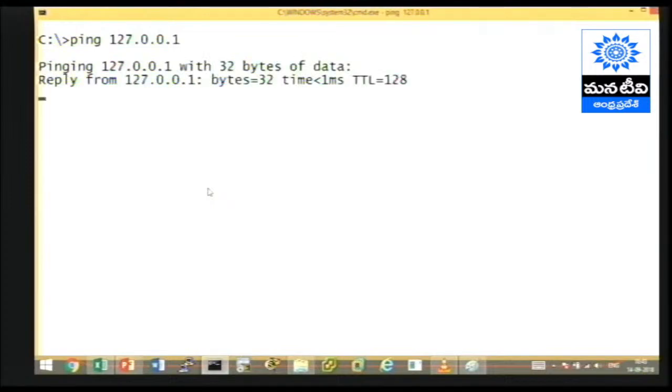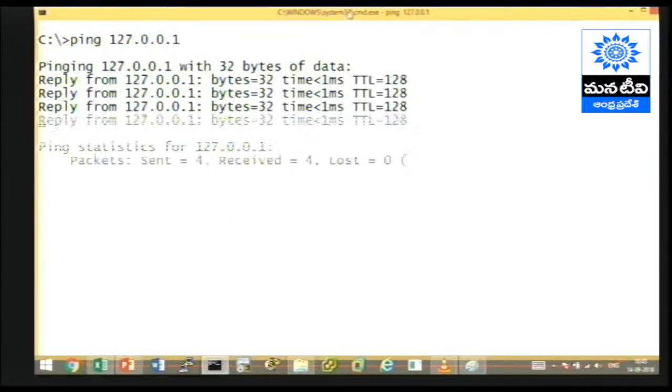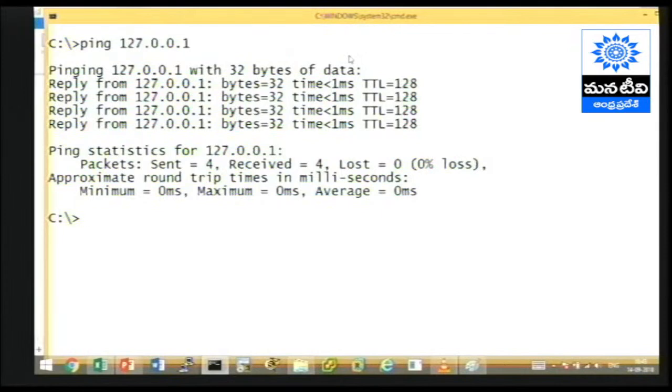This is the IP address that we have set aside, and we have got a reply from the same IP address, 127.0.0.1. We are trying to communicate with that particular IP address and we are getting a response from it. So this is the loopback IP address.